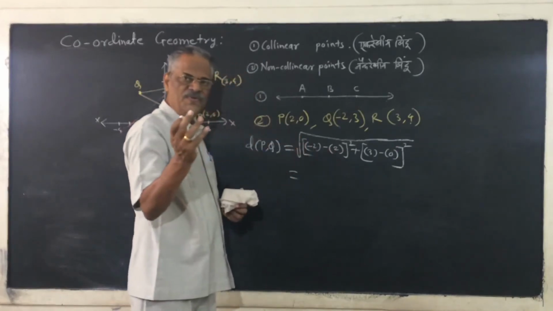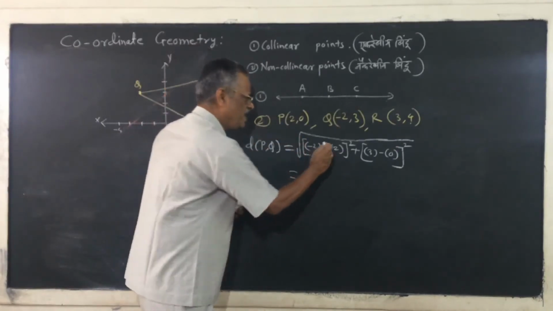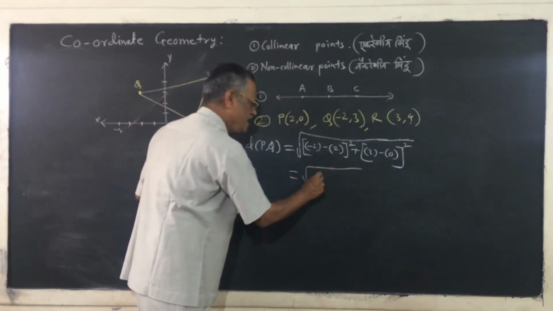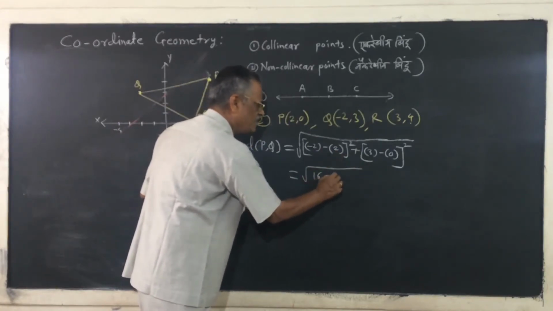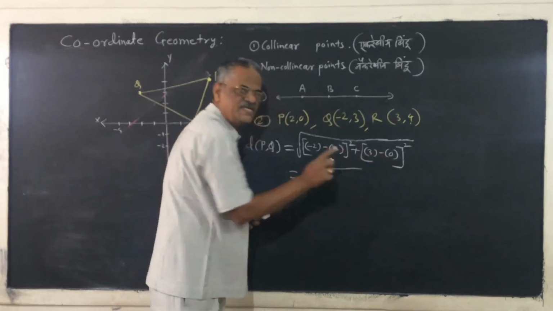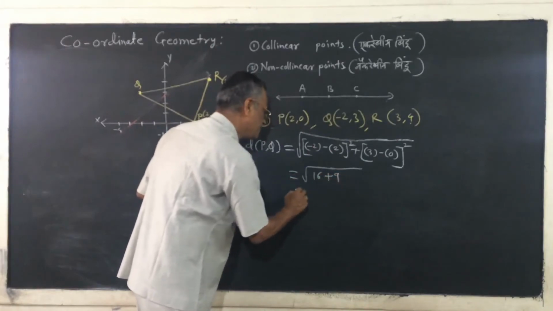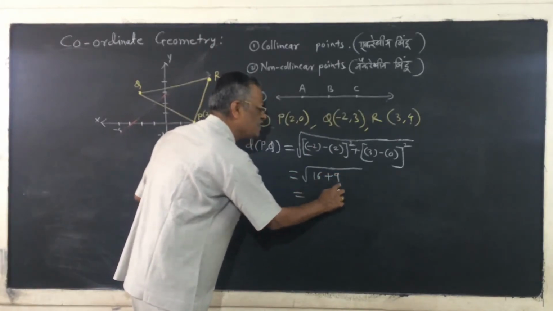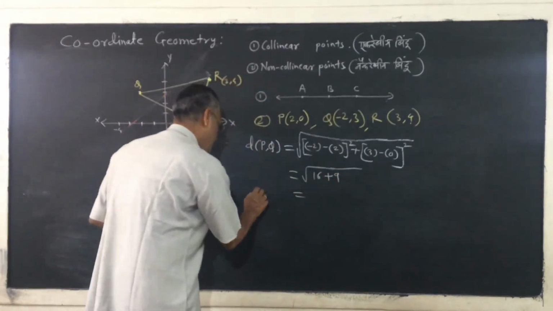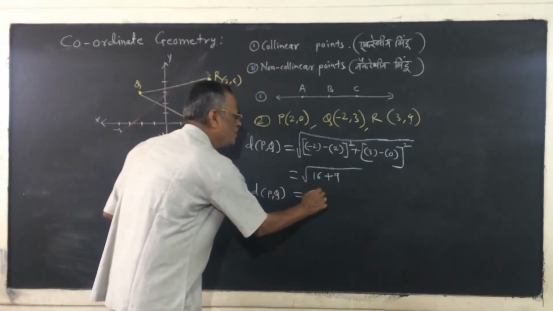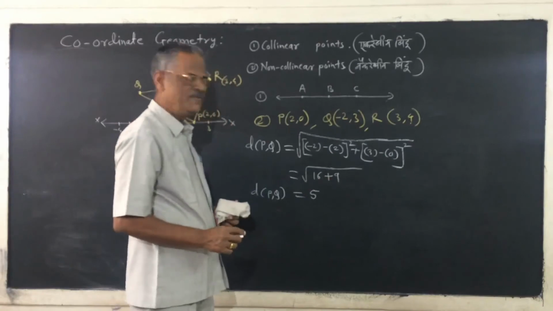Negative 2 minus 2 is minus 4, and minus 4 square is 16. 3 minus 0 is 3, square is 9. 16 plus 9 is 25. So PQ is equal to square root of 25.